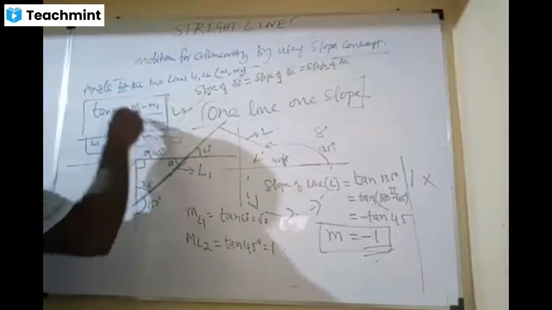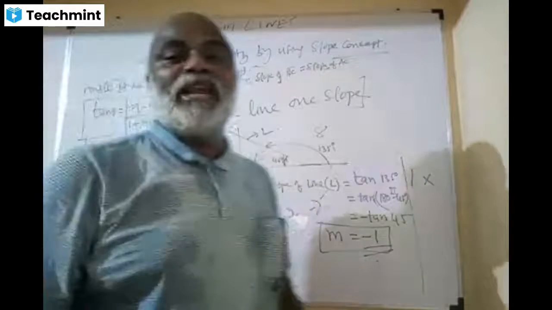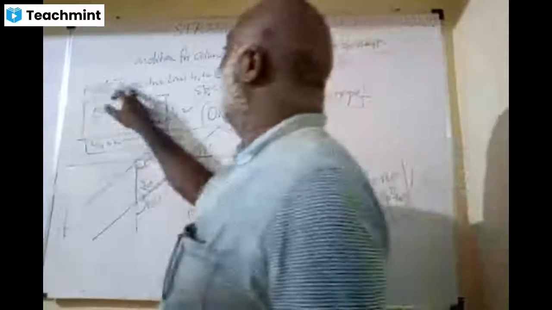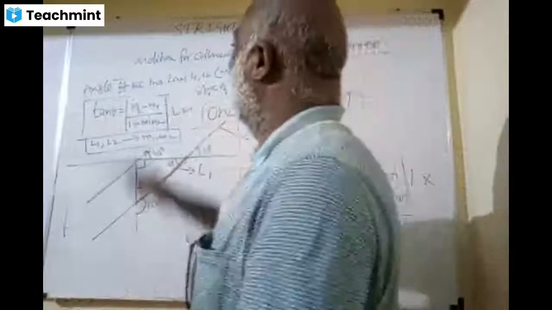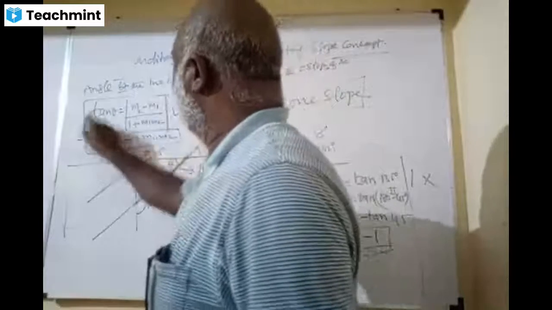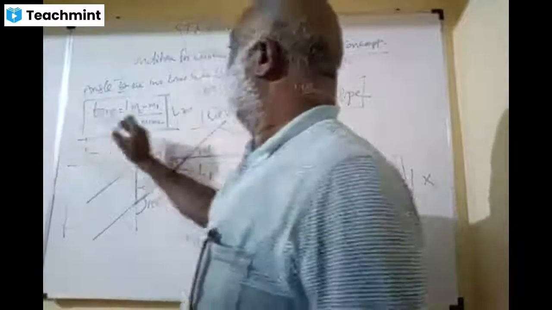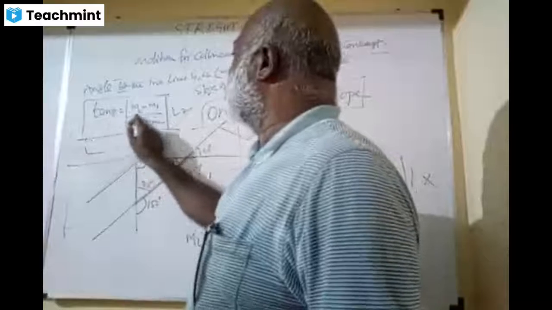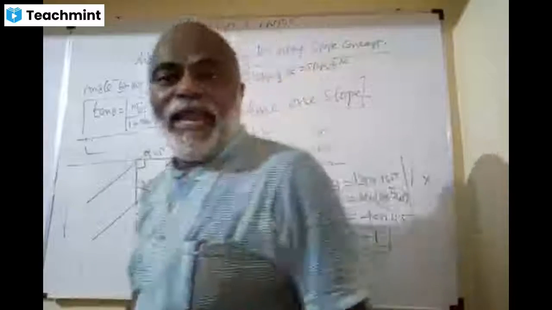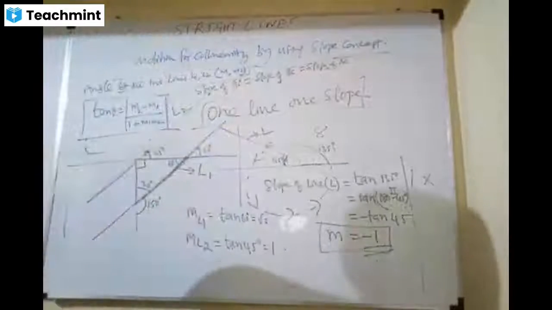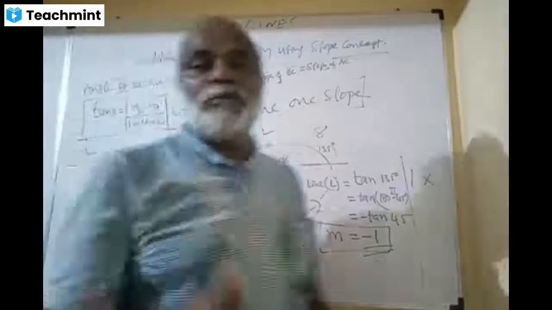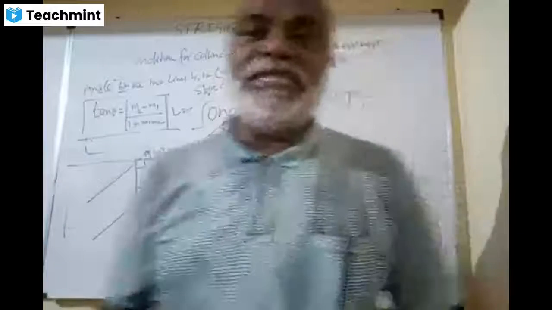We put a modulus because we are interested in finding only the acute angle between the two lines. Because modulus means positive, and tan theta positive means acute angle. So this is the only formula.